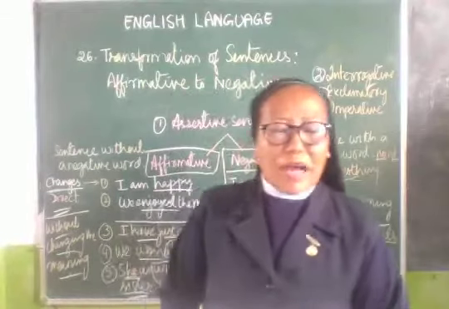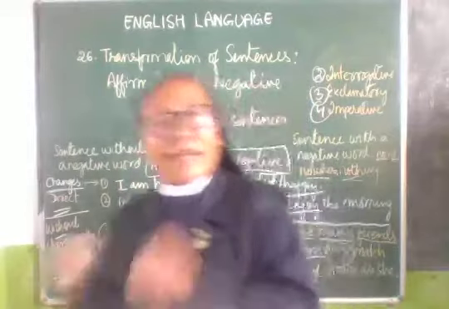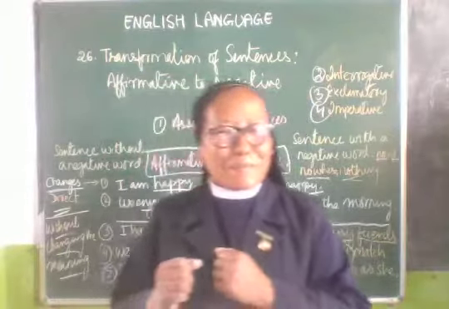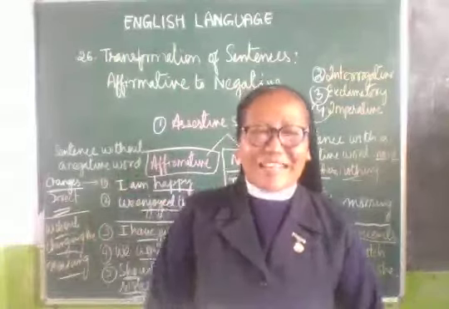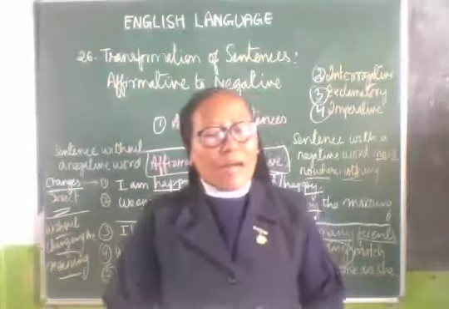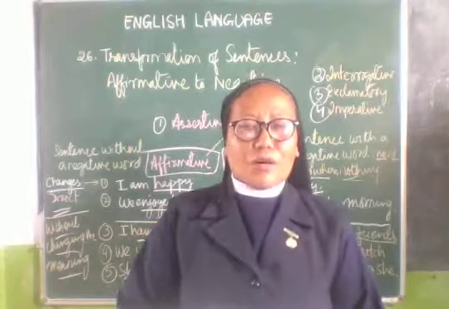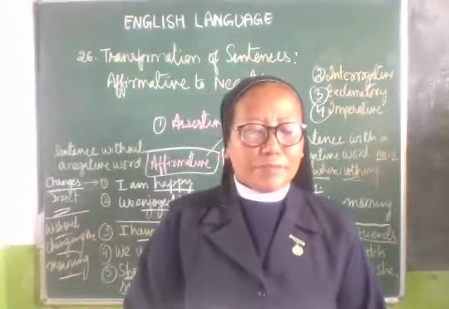Number 3, my brother runs a bookstore. Here runs doesn't mean running. Runs a bookstore means he is the owner and he sells books. All right? It is his business. Okay? So, my brother runs a bookstore. Negative, direct negative, you change it.